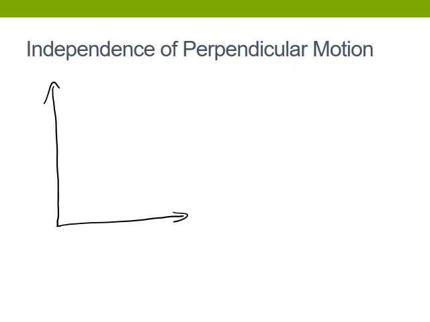If we were to look at an object that moved in 2 dimensions, so say the x dimension and the y dimension. Let's say I have a ball, and I throw it into the air so that it follows this kind of trajectory.